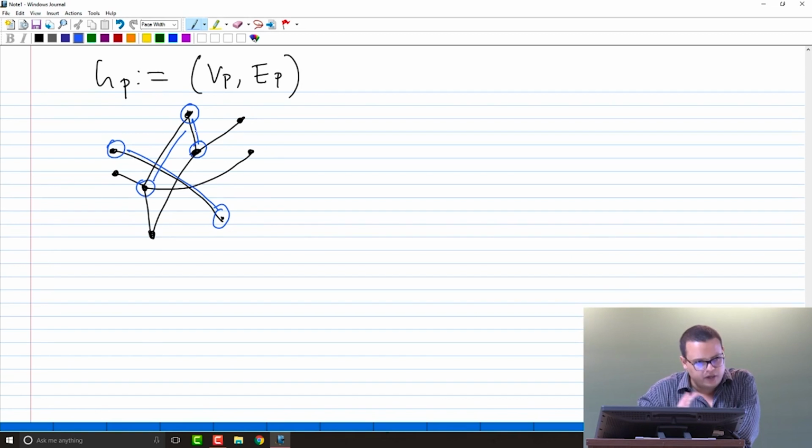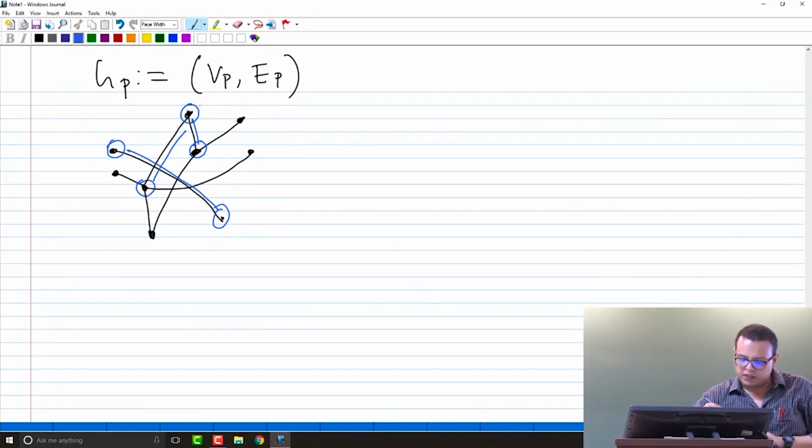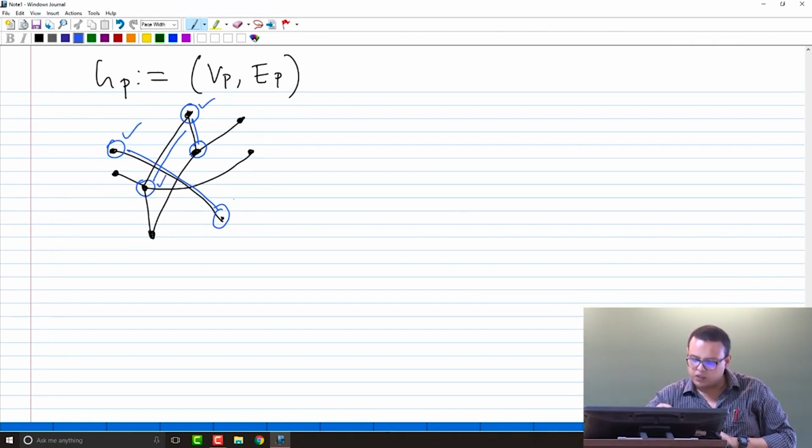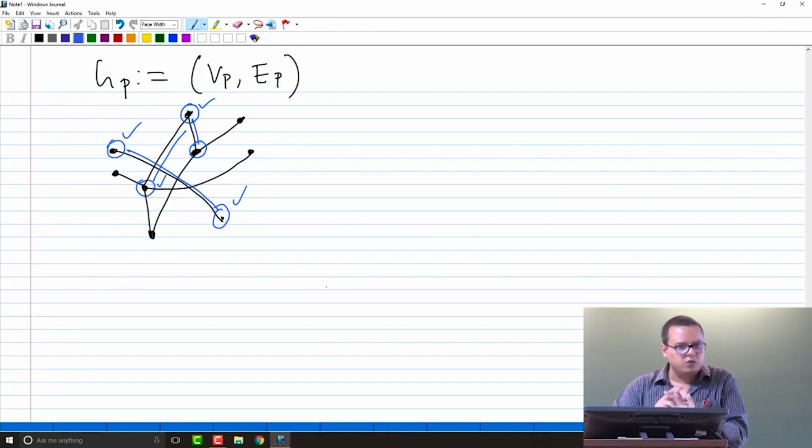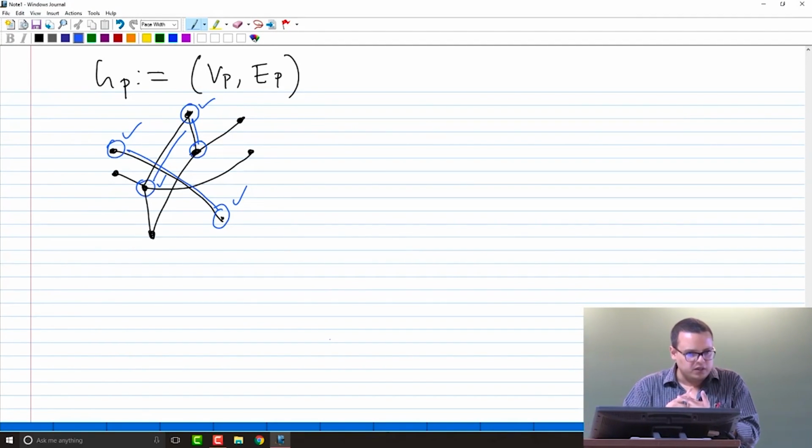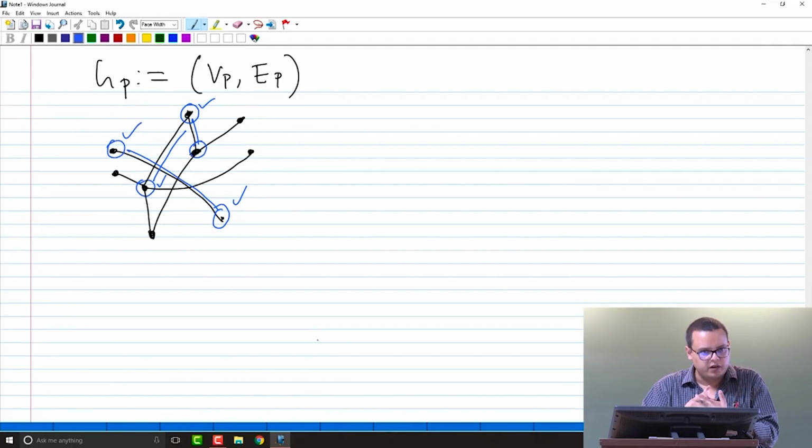I am not trying to redraw GP, I am trying to use the drawing of G itself for GP. So there will be some crossings left. If I have picked all these 4 vertices for this crossing, then this edge and this edge will be present, drawn in the plane as it was drawn for G. So there will be a crossing in GP, right.